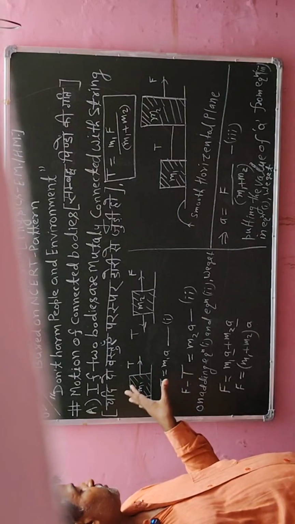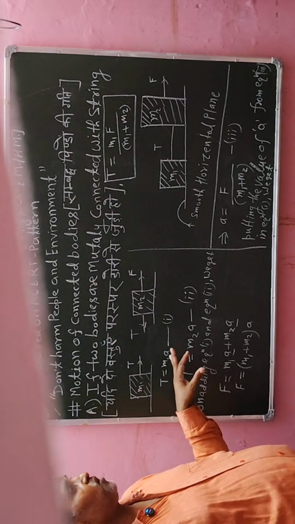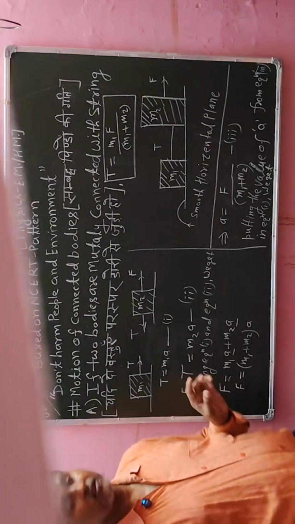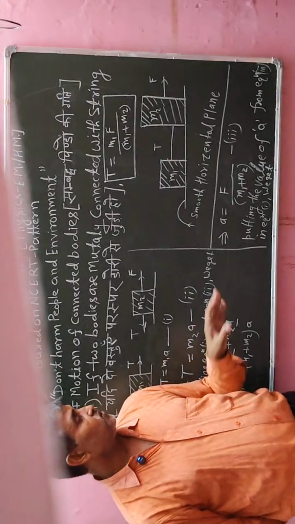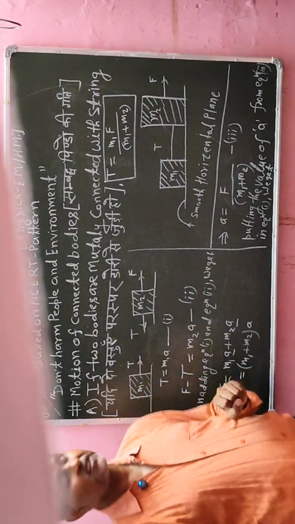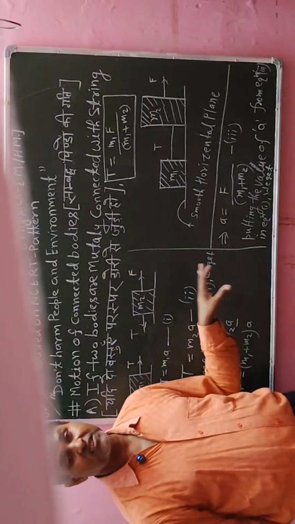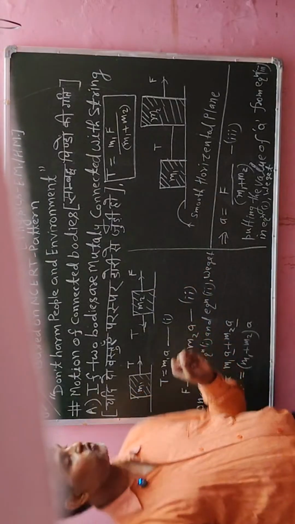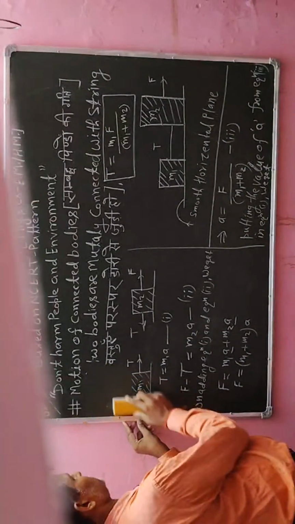After this I will erase this information, and then I will write one question, and I will give the solution for that question with the help of this method. So concentrate here to understand how I will use this concept in the written question. Now I am going to erase it.